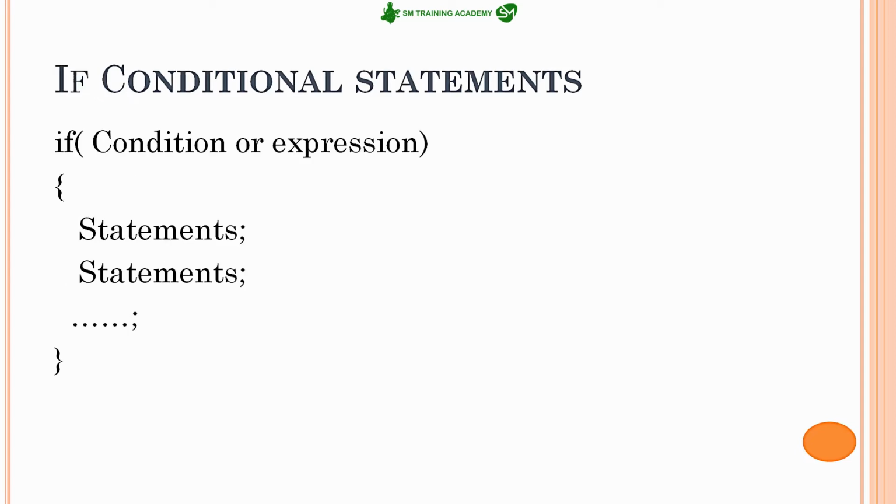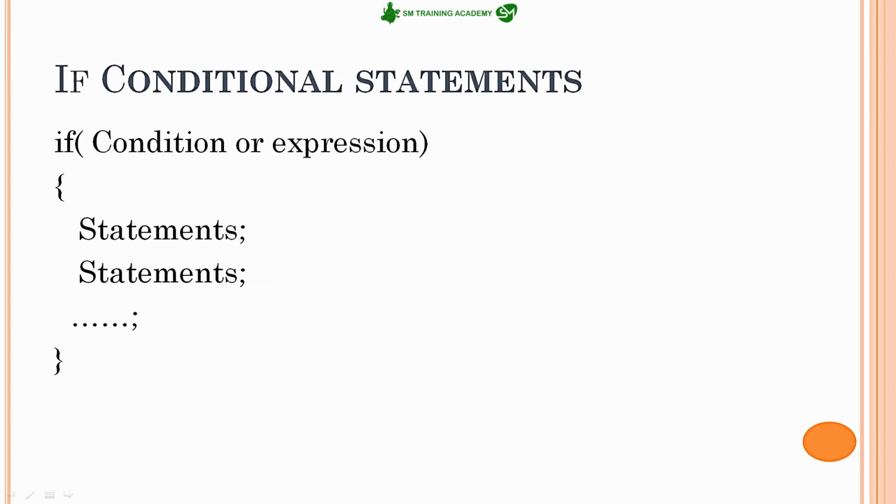The first and foremost conditional statement available in C language is this simplest form of the if conditional statement, and this is the syntax that you can see on the screen. That is, within the braces we will be writing down the condition required, and within the curly braces we will be writing down the part of code which needs to be executed if this condition is satisfied.